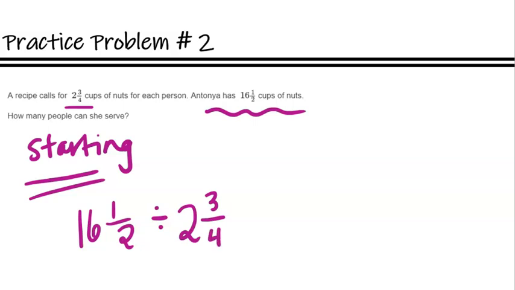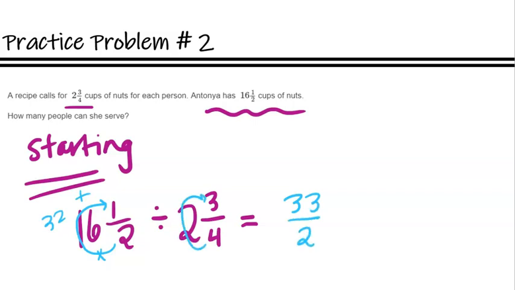Now, before we can divide, we have to make these into improper fractions. Remember that you multiply, then you add. So times, that's 32, plus 1, so we have 33. Your denominator stays a 2.